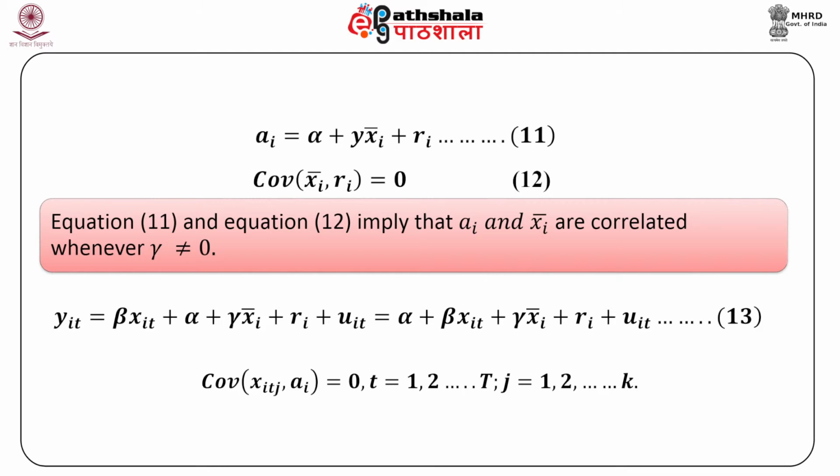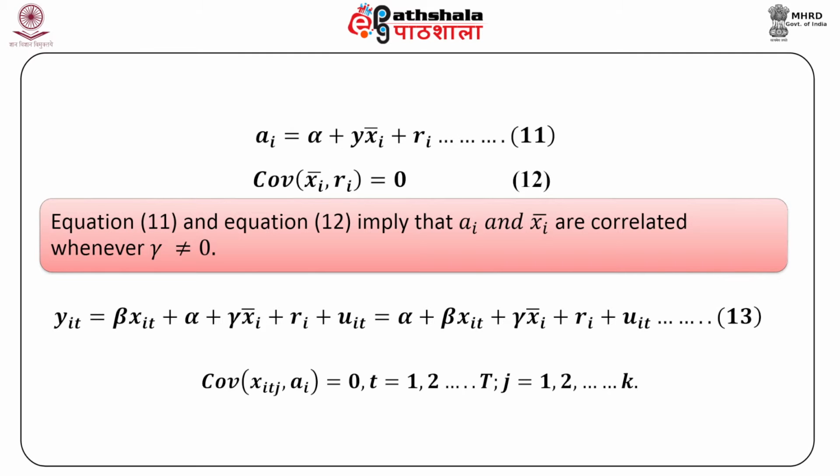The correlated random effects, that is CRE, approach uses equation 11 in conjunction with equation 10. Substituting the former in the latter gives y_it is equal to beta x_it plus alpha plus gamma x_i bar plus r_i plus mu_it.